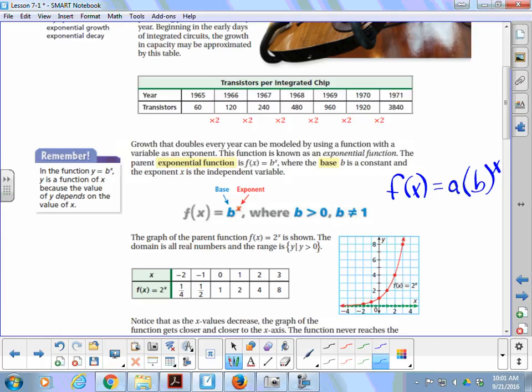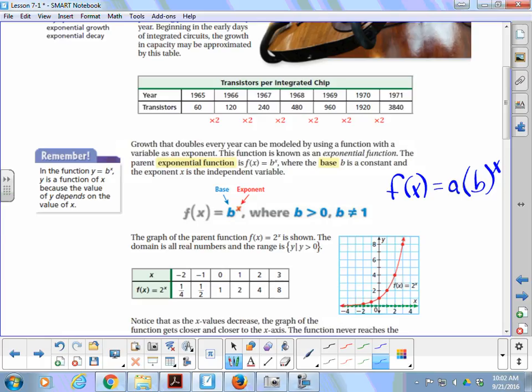Now this a that we have here is actually the same a, or has the same meaning and purpose as a did when we were working with quadratics. Right? This tells us that when x is 0, that a will be my y value. So it's my y-intercept in this case.